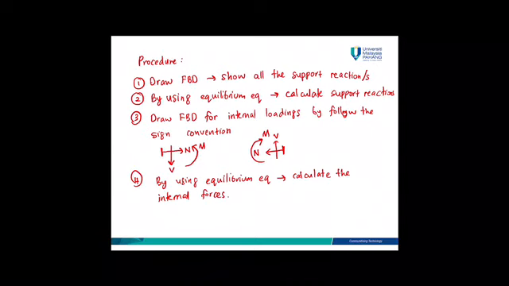First is to draw the free body diagram for support reactions, and then by using equilibrium equations, calculate the support reaction values, and then draw again the free body diagram for the internal resultant loadings that the question asks you, by following the sign convention. And after that, by using equilibrium equations, you calculate the internal force values.